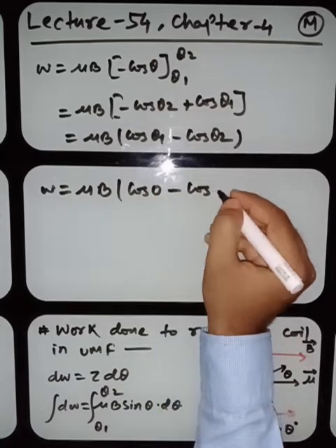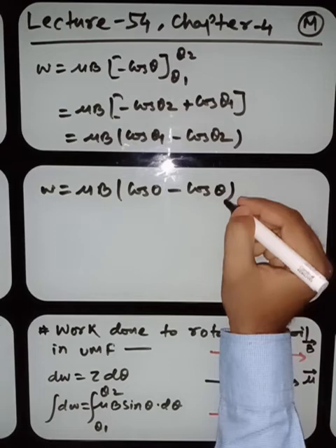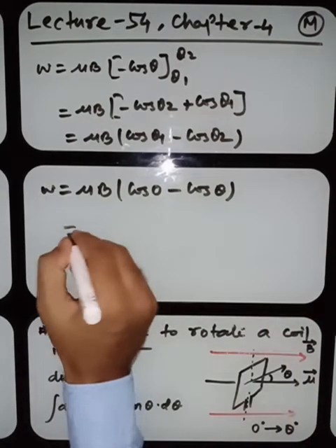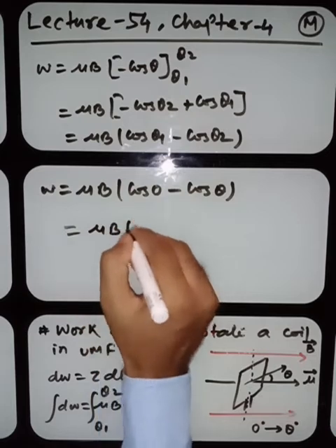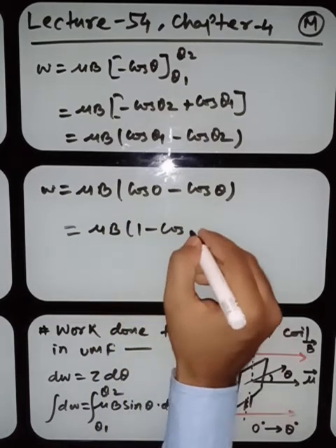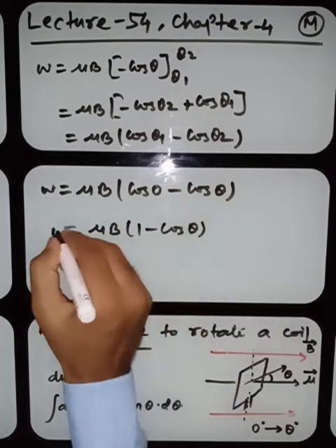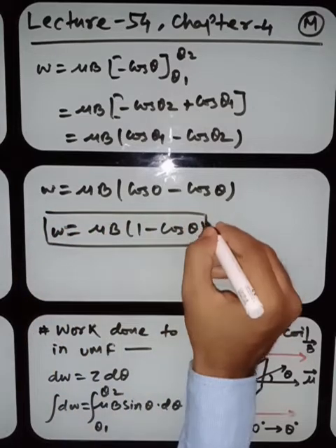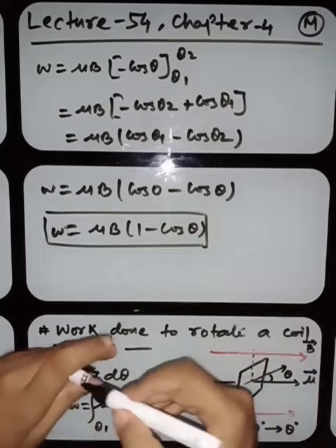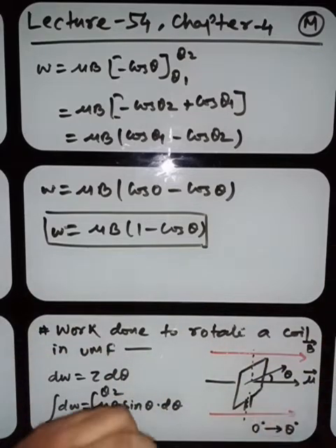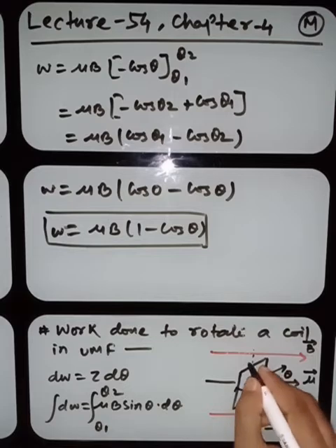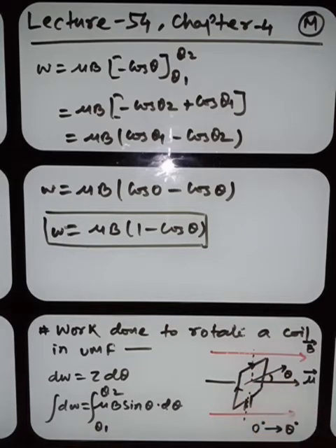So this will be mu B times 1 minus cos theta, and this is the work done to rotate a coil inside a magnetic field. Which type of coil? It is the current carrying coil. Remember, I have not mentioned everything in very short space, but it is the current carrying coil.